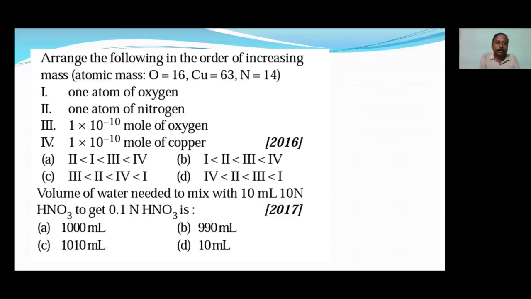Okay. Next question. Arrange the following in the increasing order of mass. Okay. Question is arrange the following in increasing order of mass. And here: 1 atom of oxygen, 1 atom of nitrogen, 1 mole of oxygen, 1 mole of copper. Okay. So very simple. 1 atom of oxygen is not 16 grams.